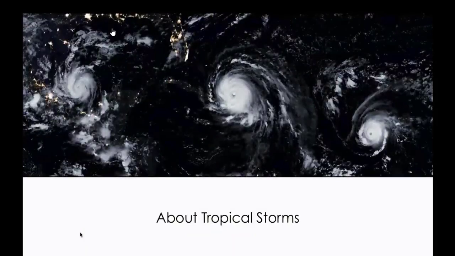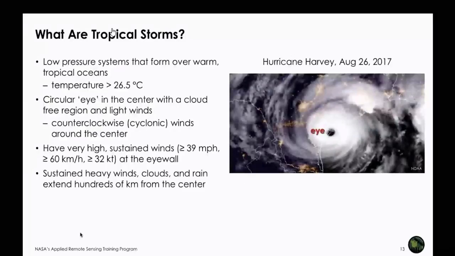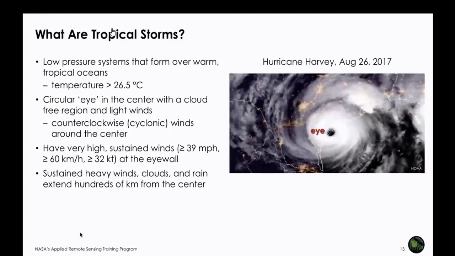So now we're going to start talking about tropical storms. This is just overall information about tropical storms and the definitions and words that we will be using today and next week. So what are tropical storms? These are low pressure systems and they form over warm tropical oceans.